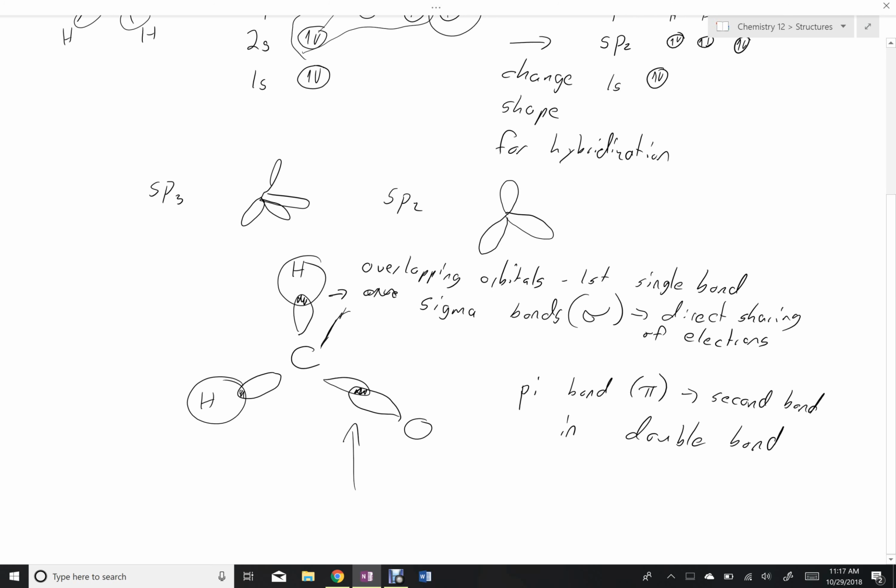But we can imagine an orbital, a pi orbital, that's going in and out of the page. And similarly, oxygen would have the same pi orbital that's going in and out of the page.